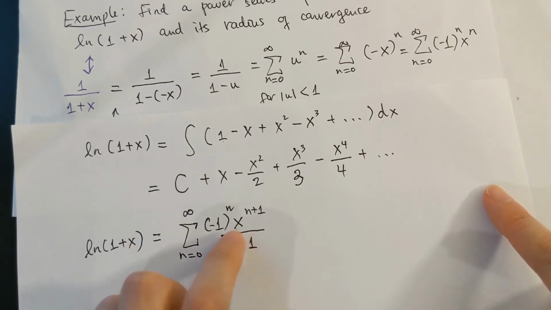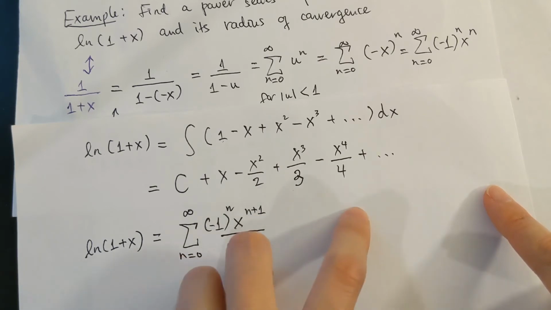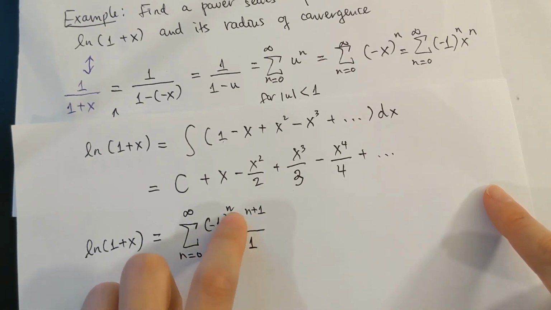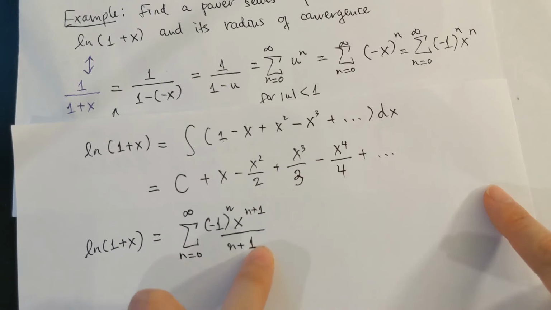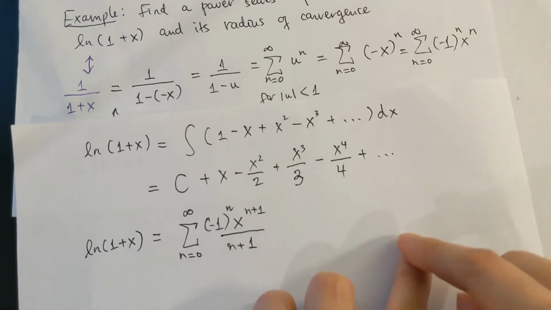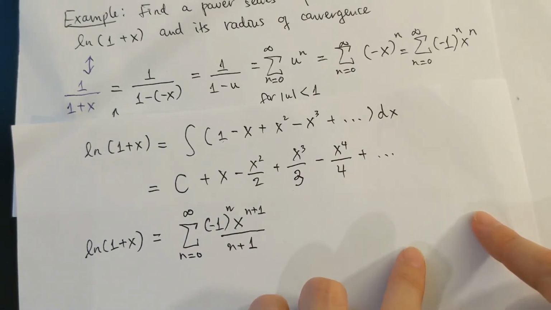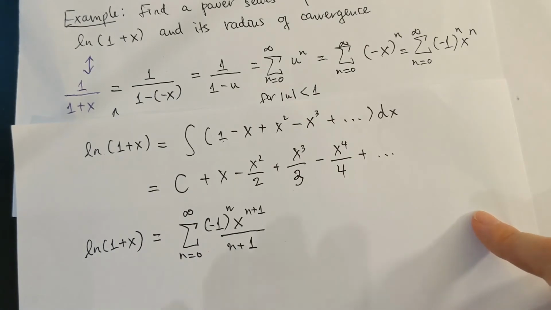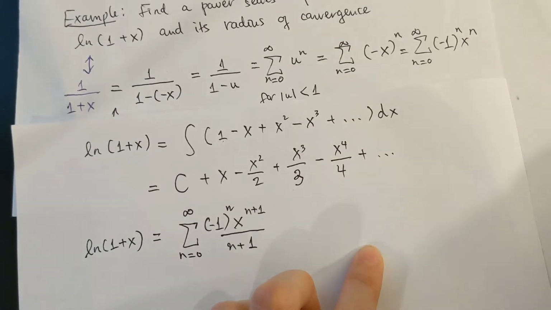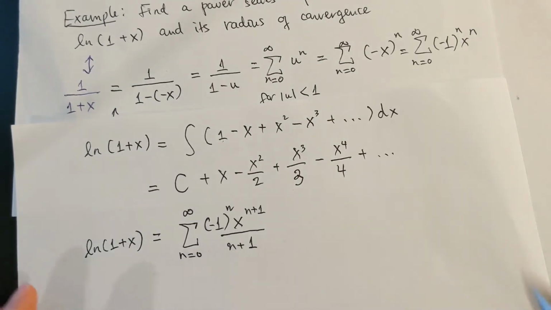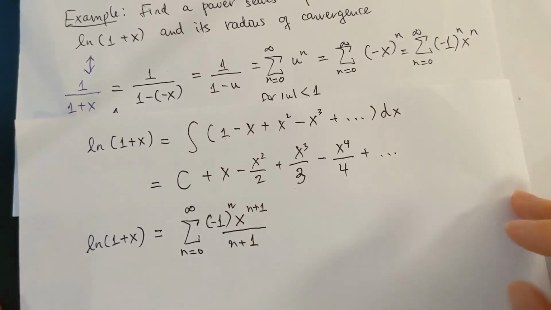So you would calculate the sum of a bunch of fractions, minus 1 to the n, 2 to the n plus 1 over n plus 1, and depending on how precise you want the decimal expansion to be, you can just sum up to that.